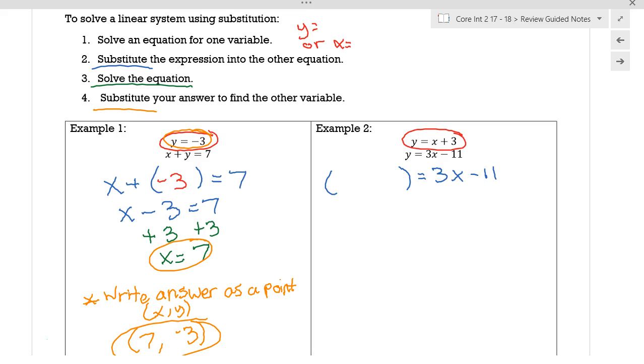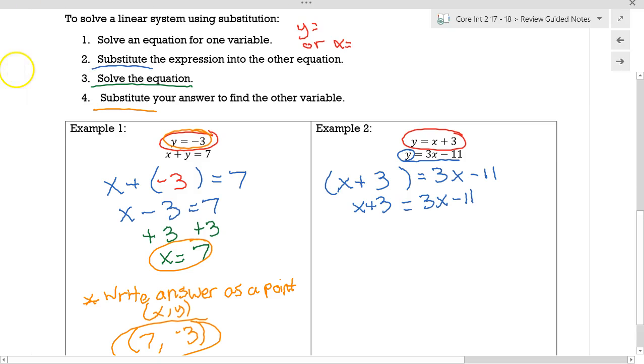So I rewrote the second equation exactly, except for the y. So then, x plus 3 equals 3x minus 11. If there's nothing to distribute, I'm just going to rewrite it without the parentheses. I'm not multiplying anything in here.